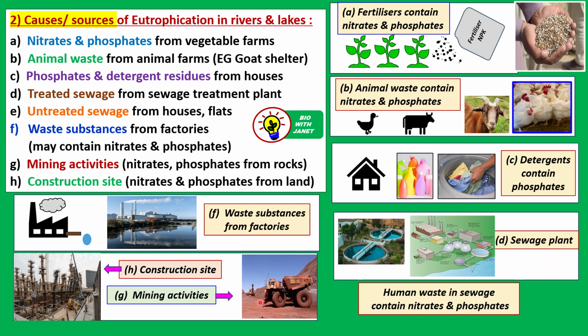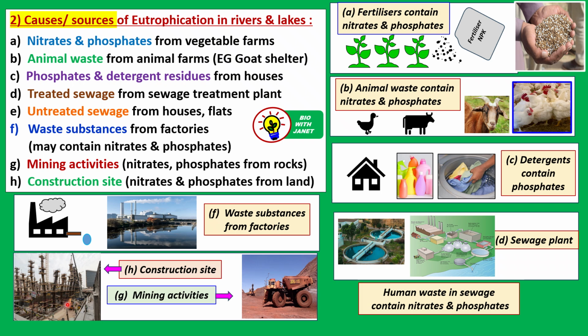Okay, so the use of explosives may release some nitrates into the soil, and then again, these nitrates can dissolve in rainwater and be carried into the rivers and lakes. Now, phosphates can come from the rocks that are broken down during the mining process. Construction sites also release nitrates and phosphates, especially from the land, especially if the land was used previously for agriculture, for planting of crops.